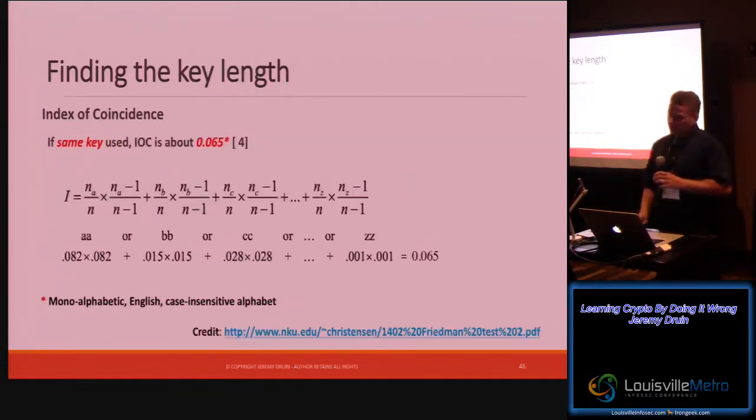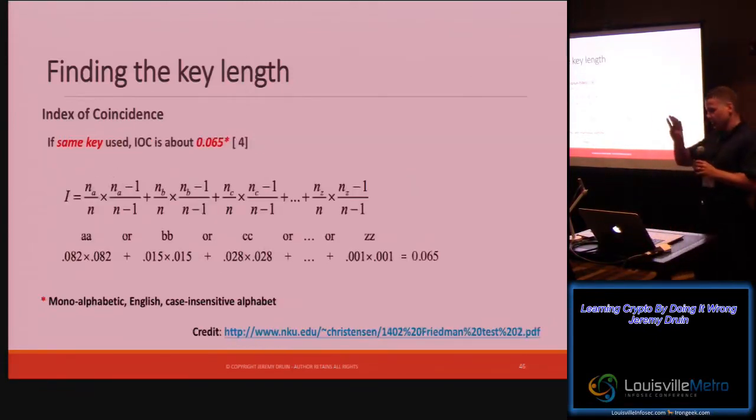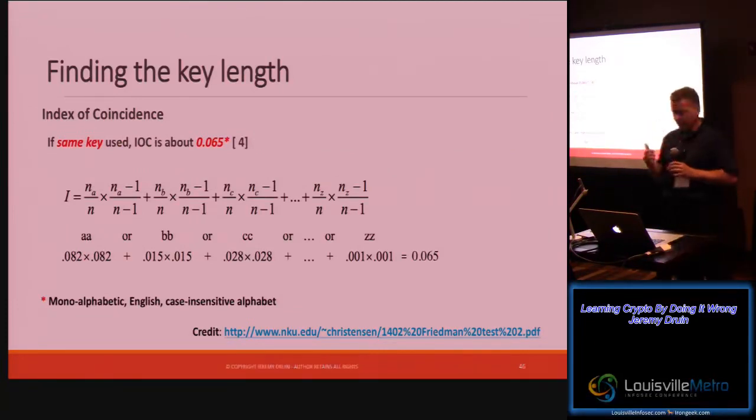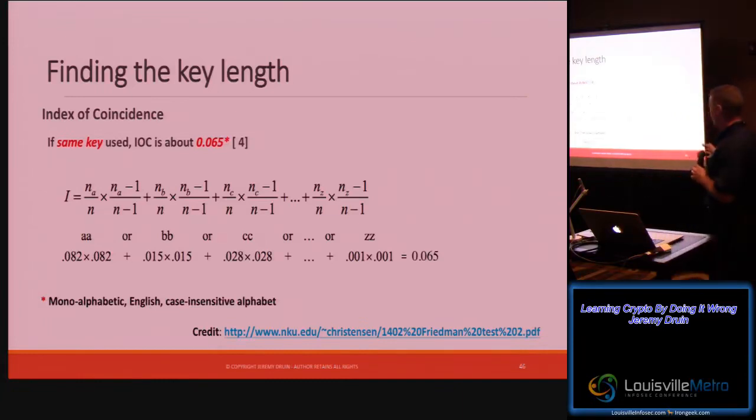And so, not great. If the same key is used, in other words, if you shift the letters over and you get the columns to align, what you're going to find out is that the chances jump astronomically, in the world of stats anyway, to 0.065.